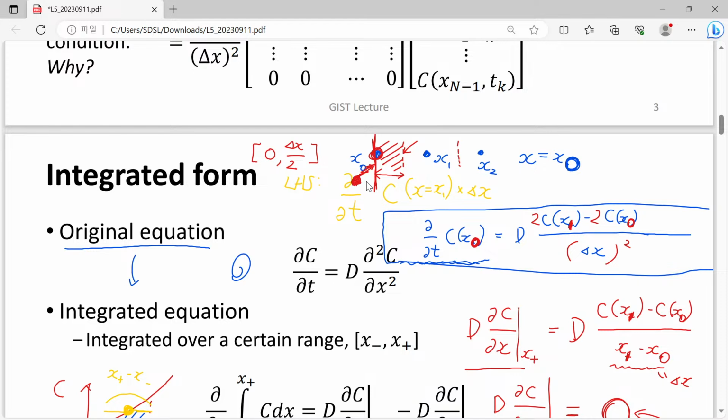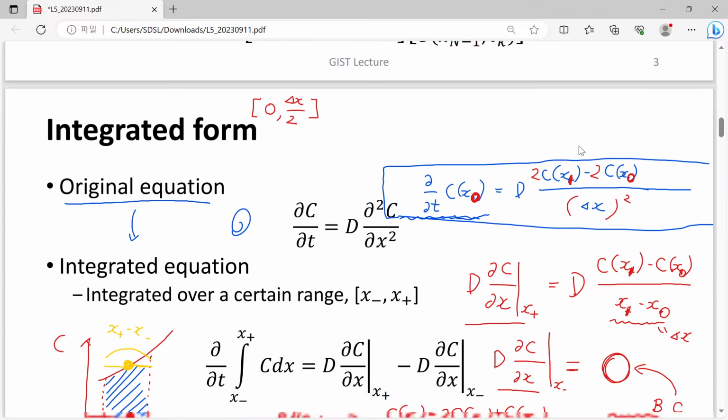Okay, so that is the way we adopt our boundary condition into our discretized equation. Okay, that is quite a useful technique used for many cases, except for when we consider directly boundary condition.